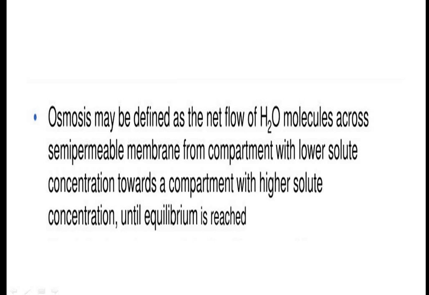And to define it specifically, osmosis is defined as the net flow of the water molecules across a semi-permeable membrane from the compartment with lower solute concentration towards a compartment with higher solute concentration until an equilibrium is reached. So the water always moves from an area of low solute concentration to an area of higher solute concentration.